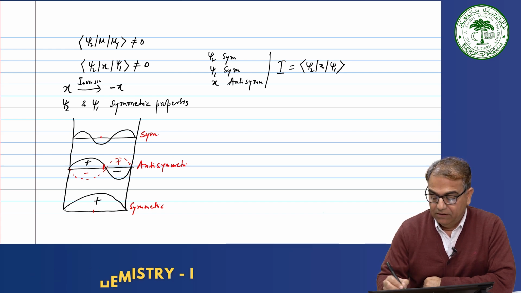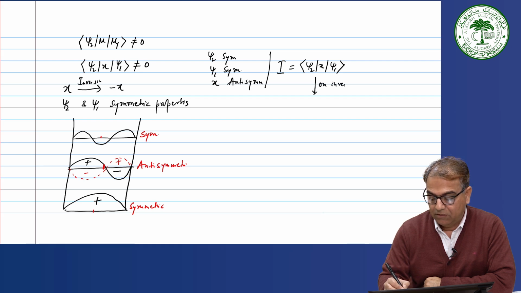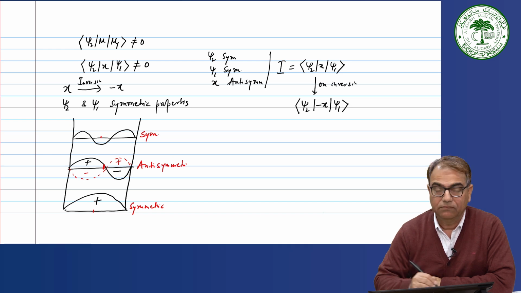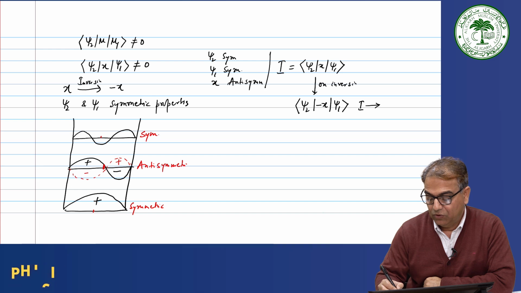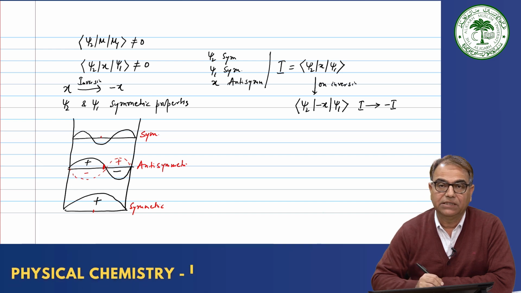If you invert this one on inversion, there will be no change in the sign of psi 2. Psi 2 will remain as such, but there will be a change in the sign of x, and psi 1 will also not change. It means I goes to minus I, and this is possible only when I is 0.